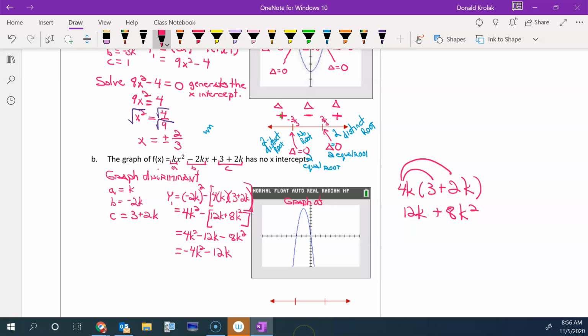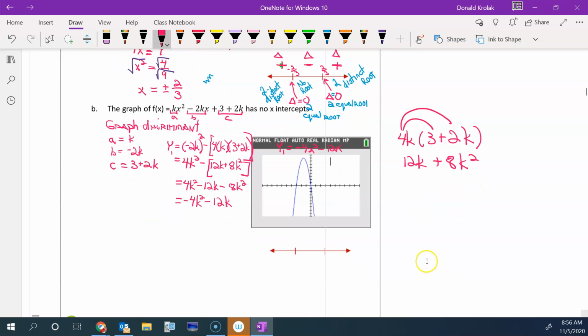And that's the equation that goes into your calculator. So y1 would be what I would type in, 4x squared minus 12x on my calculator. So that's the graph over here.